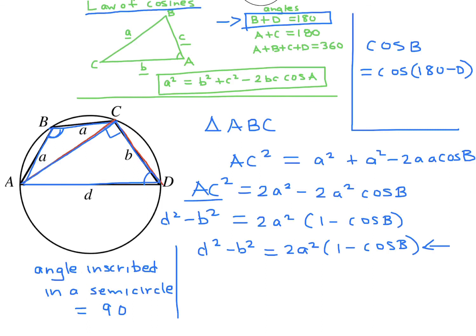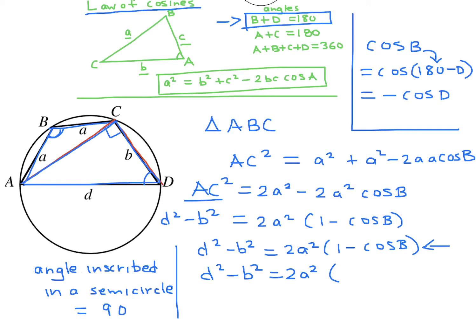Because B plus D is equal to 180. So all I did was substitute B to become 180 minus D. And the cos of 180 minus D is the same as the cos of D. This is just one of those fundamental properties in trigonometry. So we can now make this in terms of D.